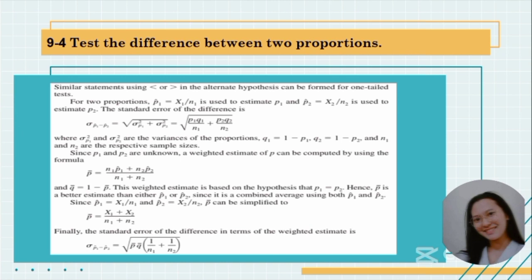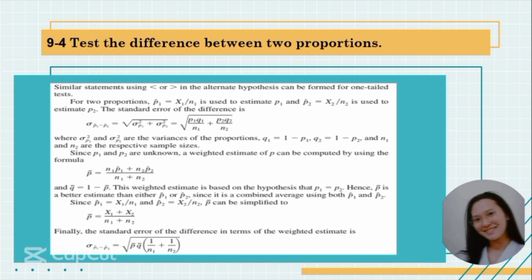The standard error of the difference is sigma of p hat sub 1 minus p hat sub 2 equals the square root of sigma squared p hat sub 1 plus sigma squared p hat sub 2, which equals the square root of p sub 1 q sub 1 over n sub 1 plus p sub 2 q sub 2 over n sub 2, where sigma squared p hat sub 1 and sigma squared p hat sub 2 are the variances of the proportions, q sub 1 equals 1 minus p sub 1, q sub 2 equals 1 minus p sub 2, and n sub 1 and n sub 2 are the respective sample sizes.